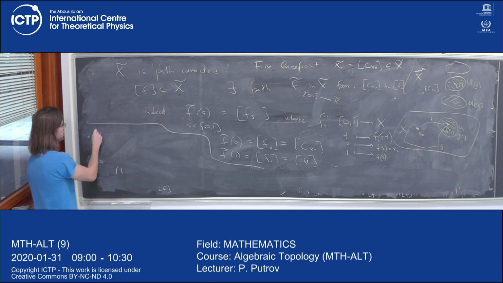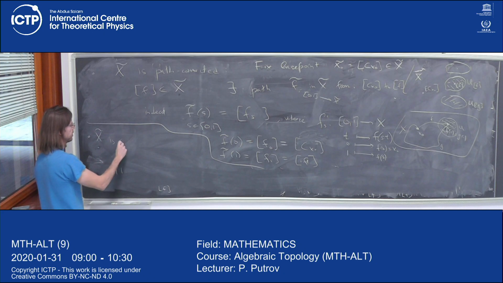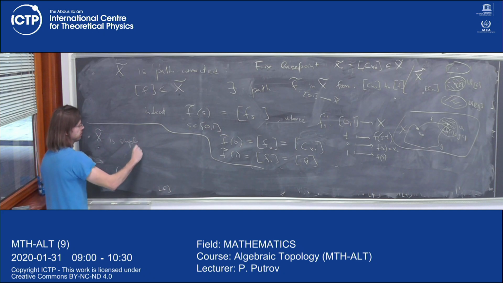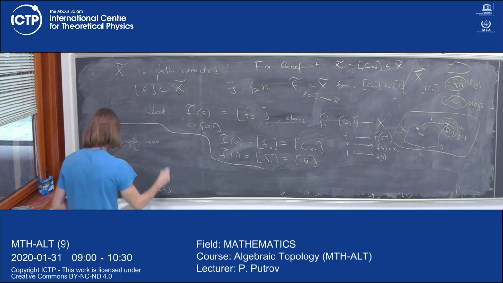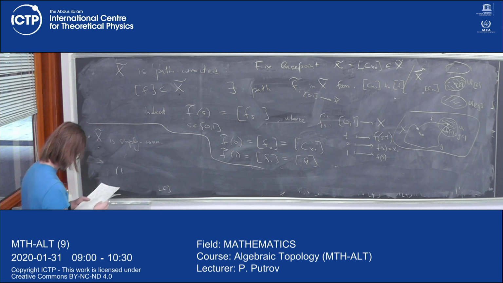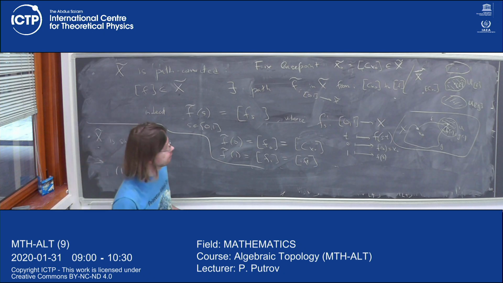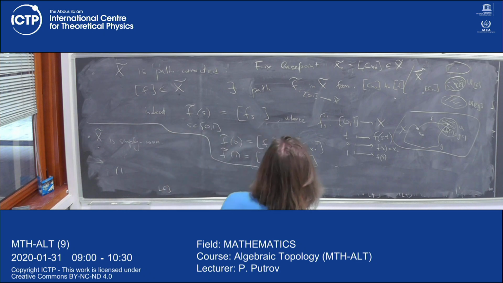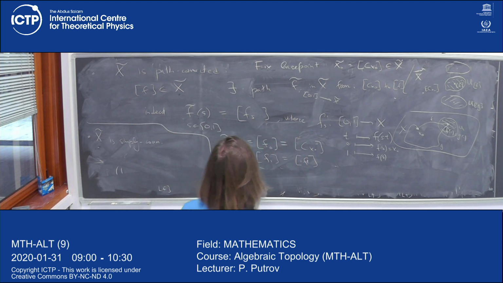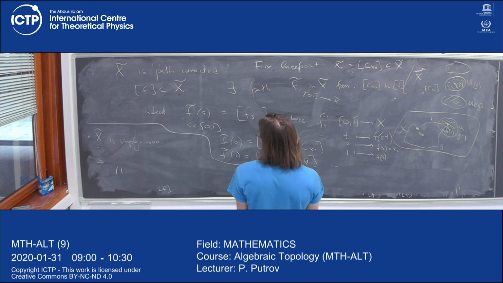And now I want to show that X tilde is simply connected. Why is this f_s continuous? Why is this continuous?